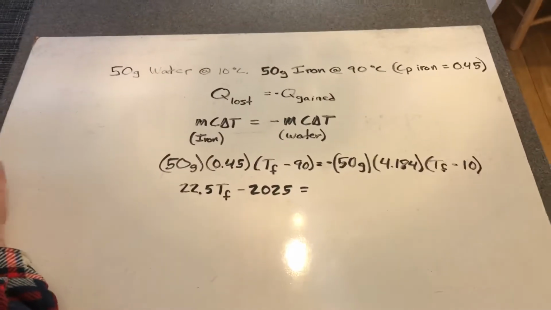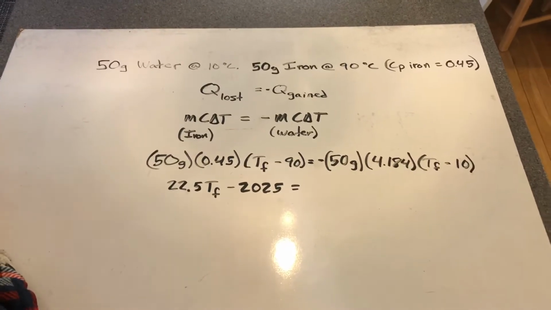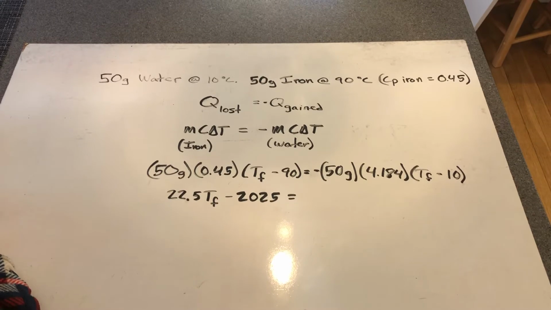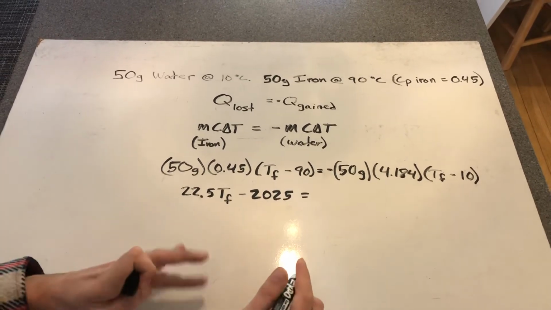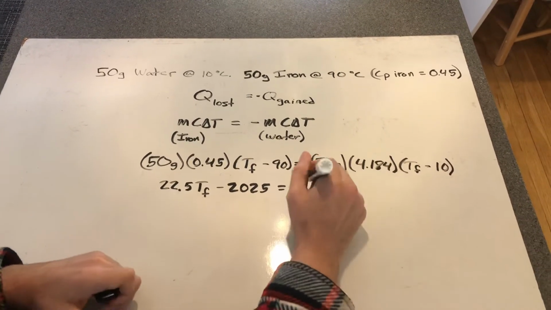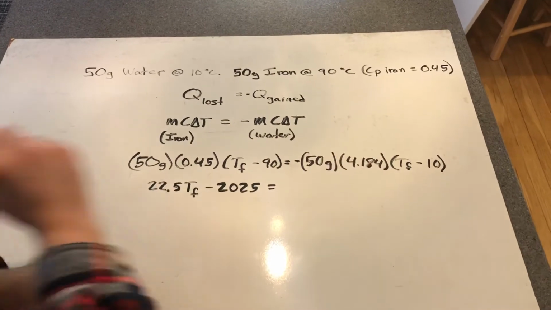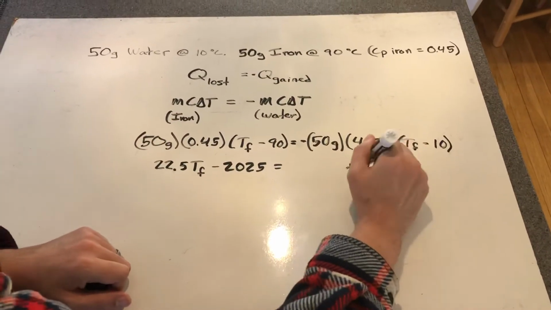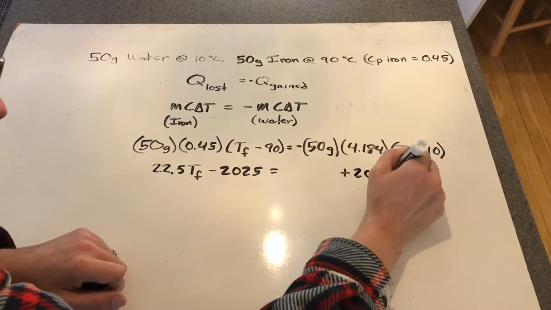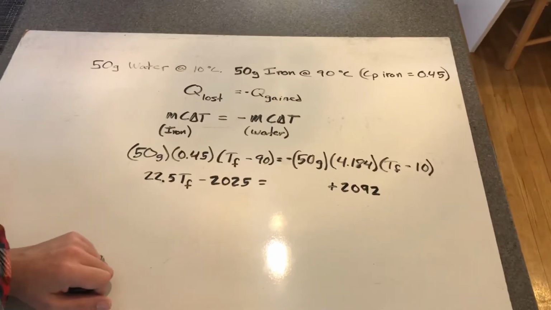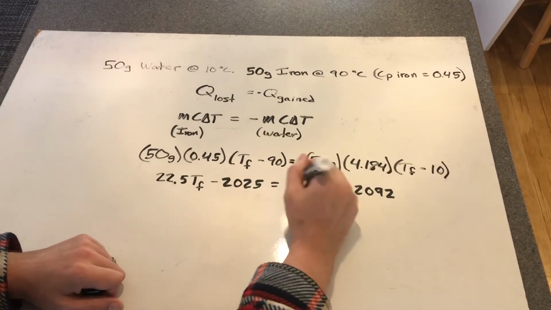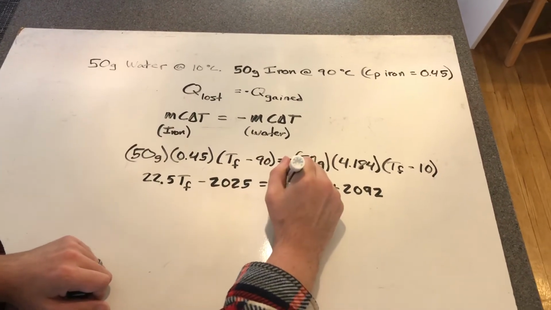So you get 50 times 4.184. So we're going to end up with positive 2092. And 50 times 4.184, and it's going to be negative 209.2 TF.